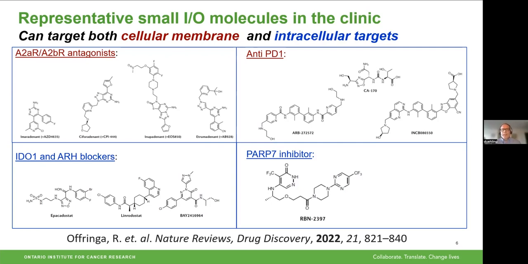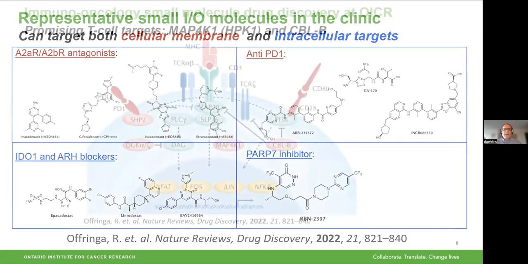And finally, a drug that has emerged recently is a PARP7 inhibitor, which is showing very promising preclinical results and has recently entered the clinic. I think the jury is still out on how well any of these drugs are going to perform, but it's fair to say that there have been some encouraging results. And I think that's really fueling the excitement for further work in the area of small molecules.